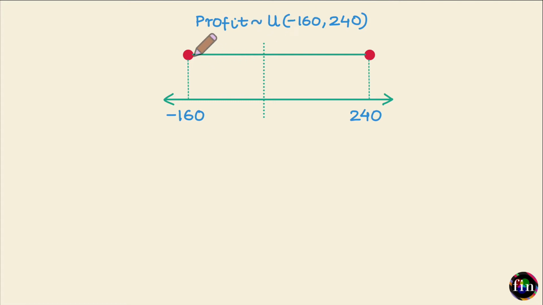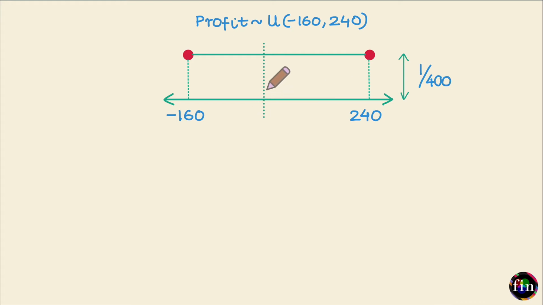The constant value simply is equal to 1 divided by the distance between the two endpoints, and that is 240 minus minus 160, and that works out to 400. So all I'm saying is that this vertical distance is 1 over 400.